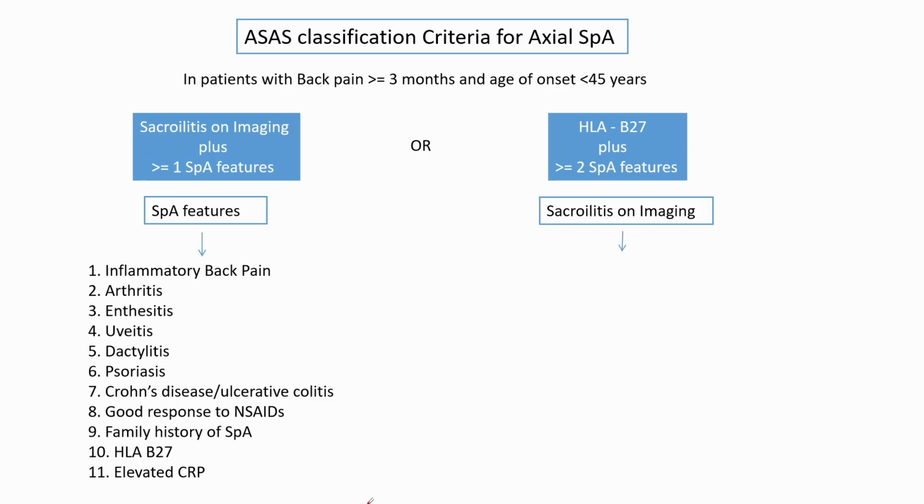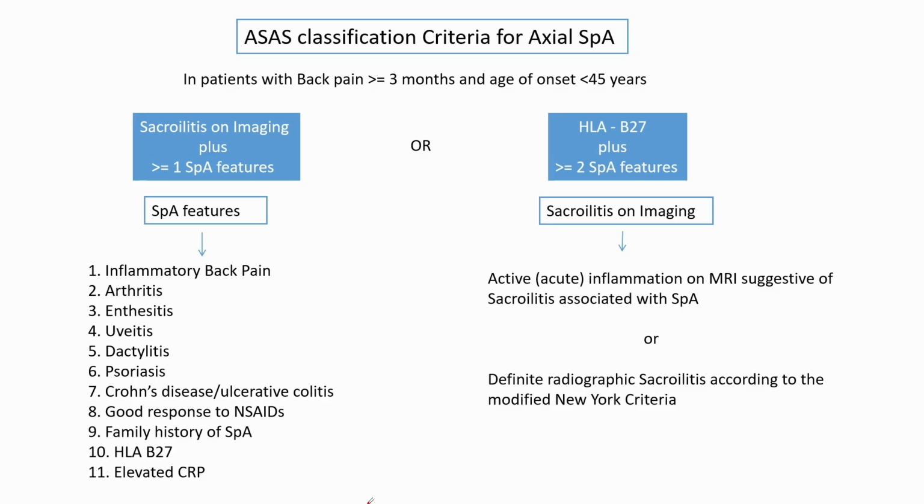Sacroiliitis on imaging is defined as active or acute inflammation on MRI suggestive of sacroiliitis associated with a spondyloarthropathy. So MRI findings of acute inflammation which appear early are taken into consideration in this classification criteria, which were not taken into consideration in the modified New York criteria.